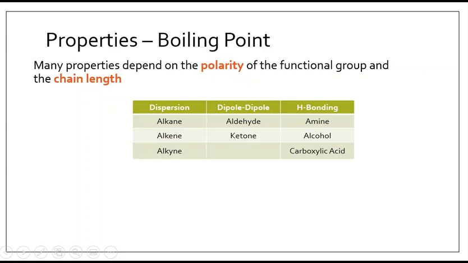Now let's look at applying also those lovely IMFs, intermolecular forces and polarity here. So many properties depend on the polarity of the functional group and the chain length. You have more hydrocarbons, it's more nonpolar. You have less hydrocarbon part, then it takes on more of its functional group's IMF.